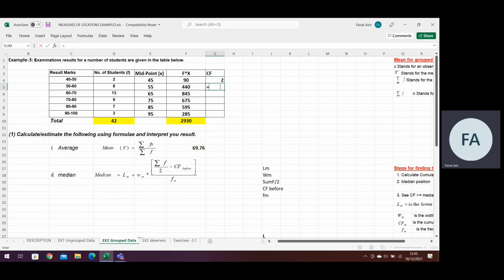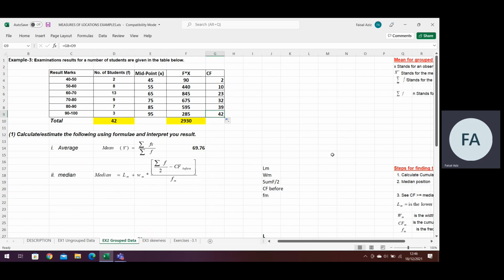Then press the equal sign, select this number and the following frequency, click enter, and then drag it down. So the cumulative frequency column we have already calculated. To check whether your cumulative frequency column is correct, the last number in the CF column should match the sum total of frequency over here.